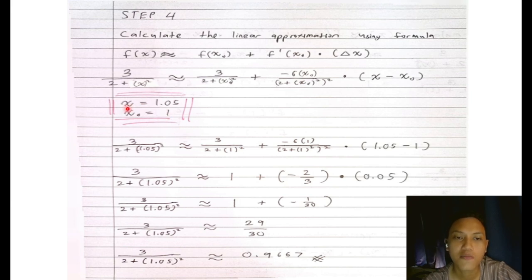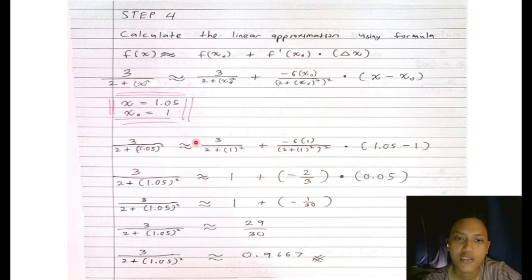We substitute x equals 1.05 and x0 equals 1. So 3 over (2 + 1.05 squared) is approximately equal to 3 over (2 + 1 squared) plus negative 6 times 1 over (2 + 1 squared) to the power of 2, times (1.05 minus 1).